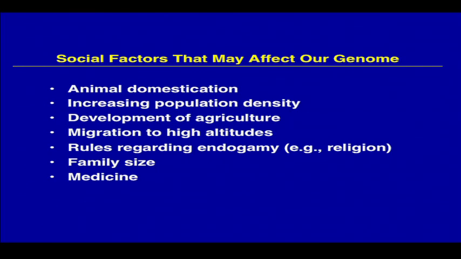So we go from living in small, isolated bands to large population congregations and movement across great distances of other human beings. This is all the culture, the civilization we've created over the last 10,000 years. But that sets the stage for the emergence of new epidemics, which in turn cull the population of individuals with certain variants and not other variants.